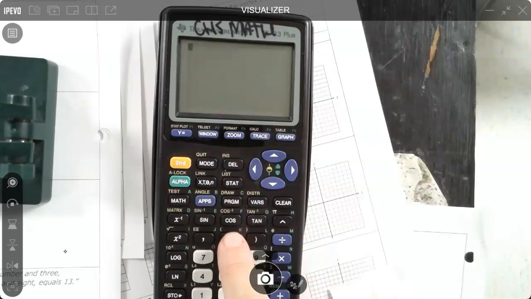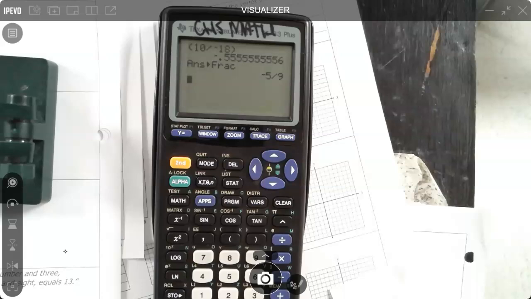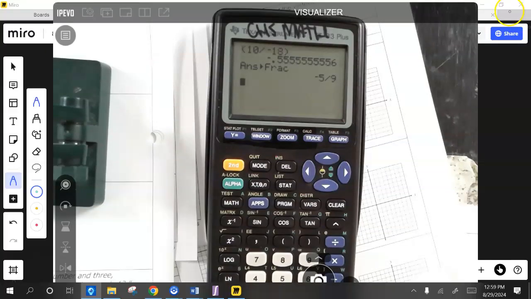Oh, remember I need parentheses. 10 divided by negative 18. Close parentheses, hit enter. Math, enter, enter. Look what I have. Isn't that nice? I have a fraction that's reduced for me. So negative 5 over 9.